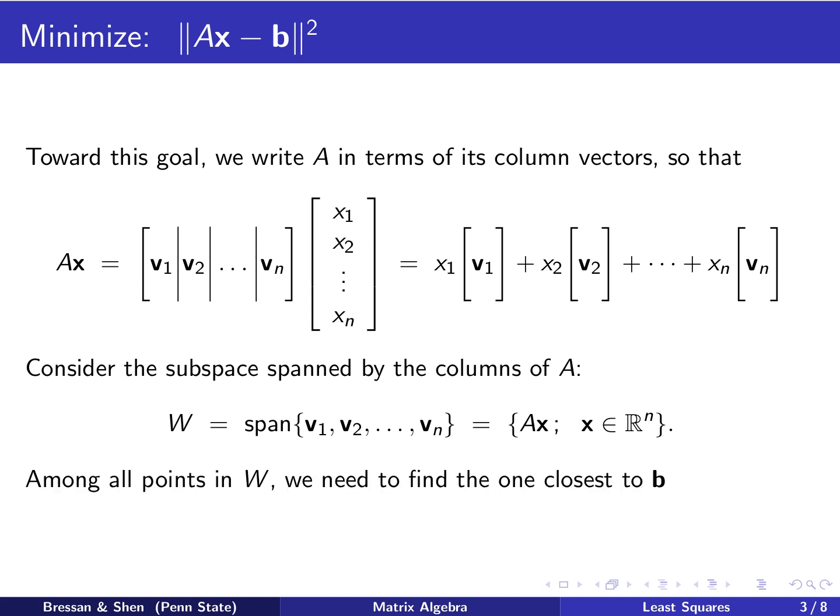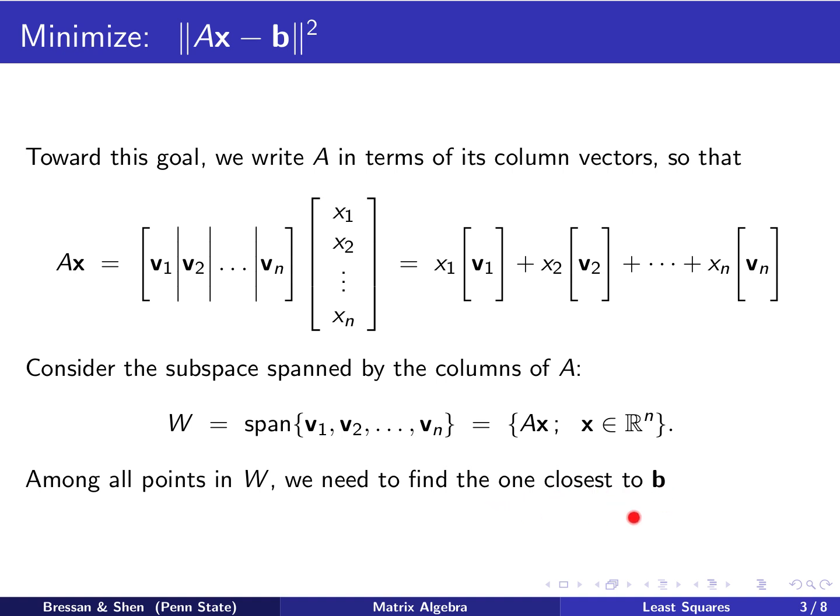If we want to find the best approximation, Ax equal b, where b is not in the space W, then the next best thing is to find, among all points in W, the one closest to b.